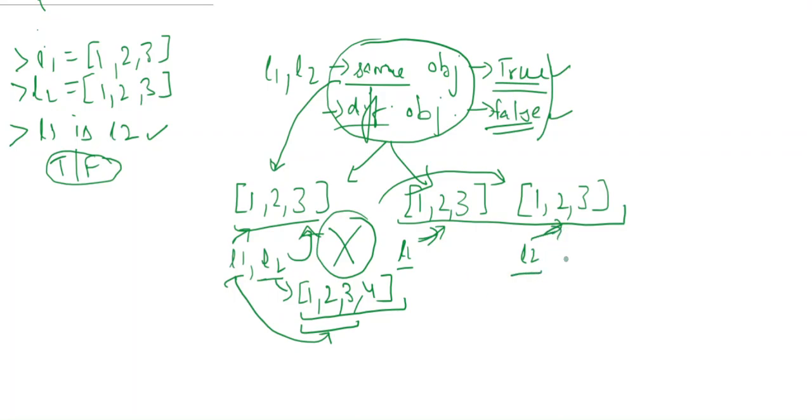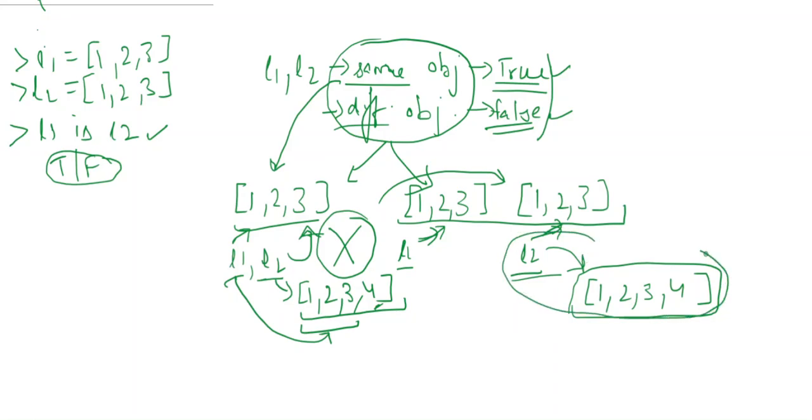So now even if L2 has a requirement to change its list or add an element like 4, the object assigned to L2 will be modified. It will become this, and L2 will start using it.